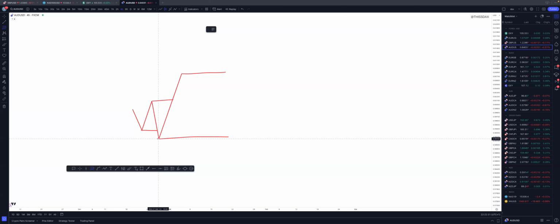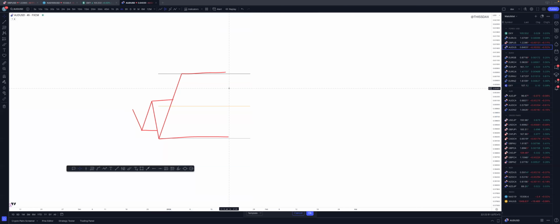I use my Fibonacci tool in two ways here. Please take note of this. First is to put your Fibonacci tool at the higher low, from the higher low to the current higher high.